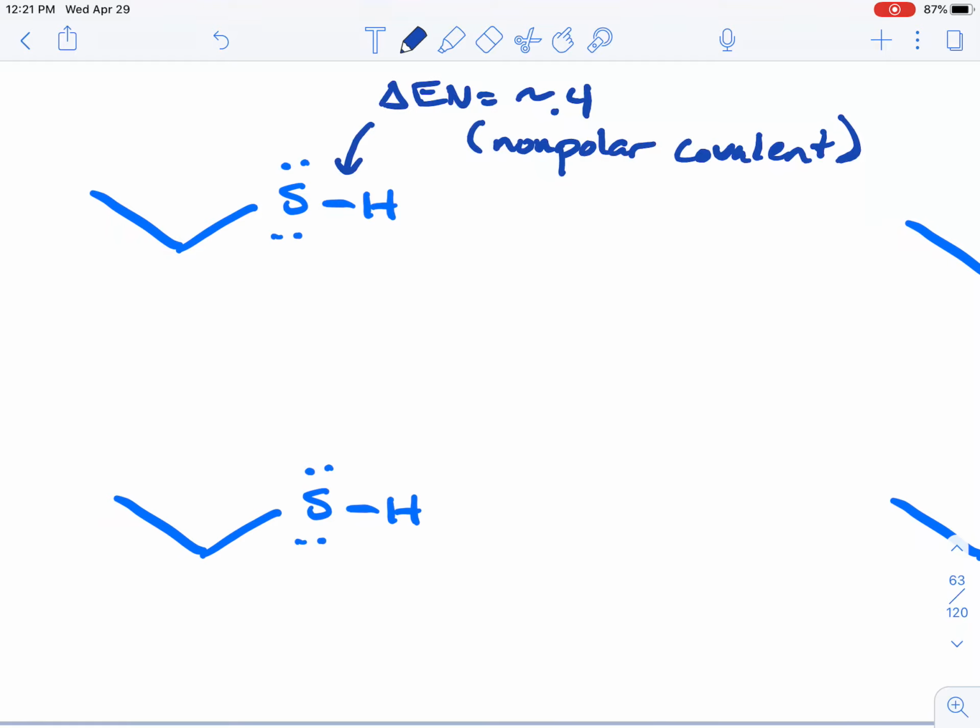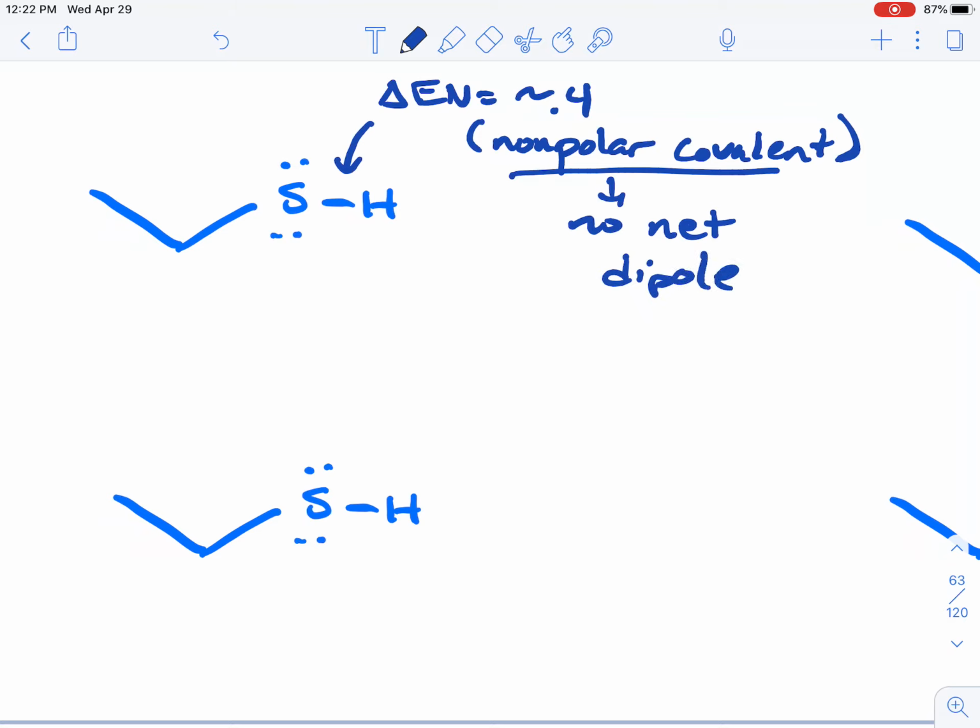And if we have a non-polar covalent bond, then this is informing us that... I'm sorry, let me take a step back. So since the bond is non-polar covalent, this is telling us that there's no net dipole.